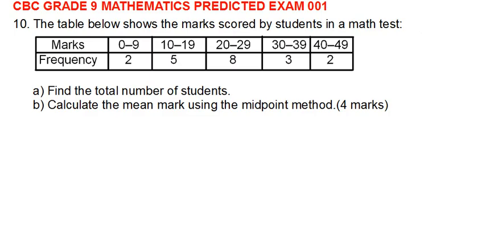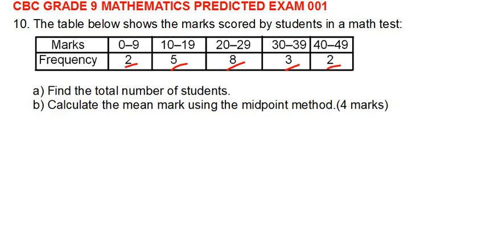Part A, find the total number of students. B, calculate the mean mark using the midpoint method. First, we deal with A. To get the number of students, we add the frequencies.